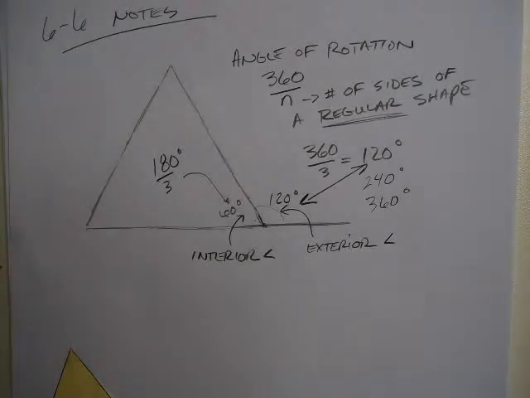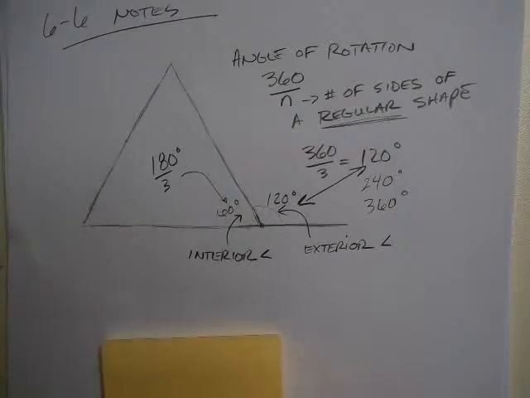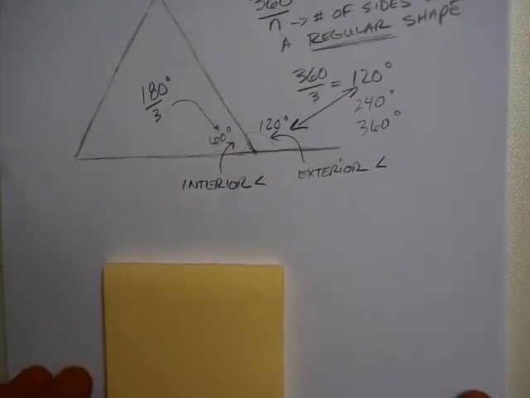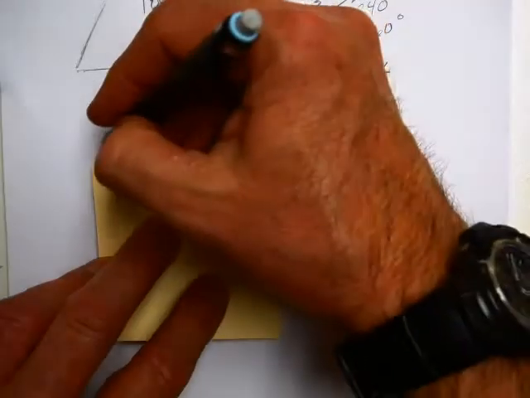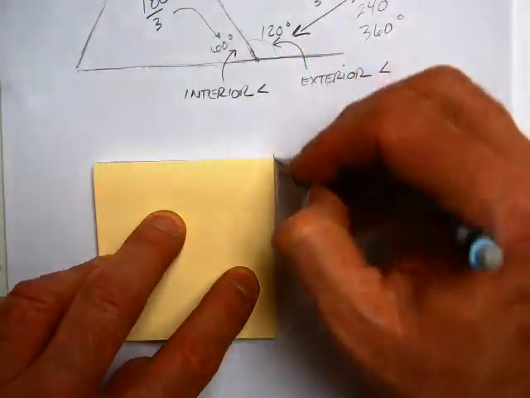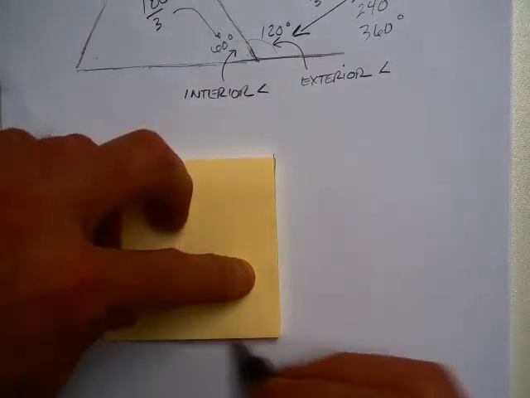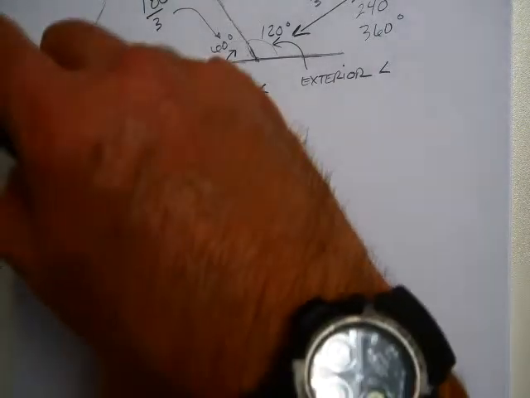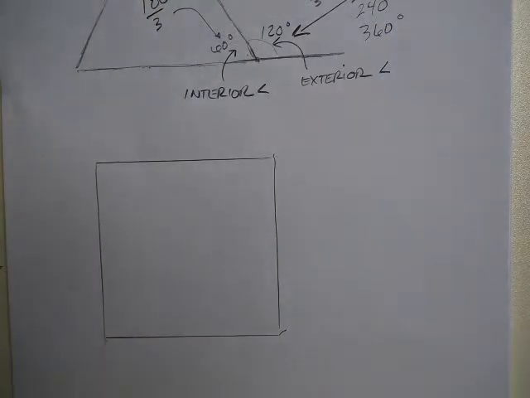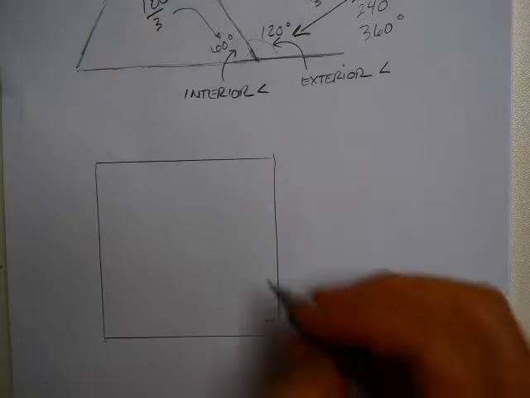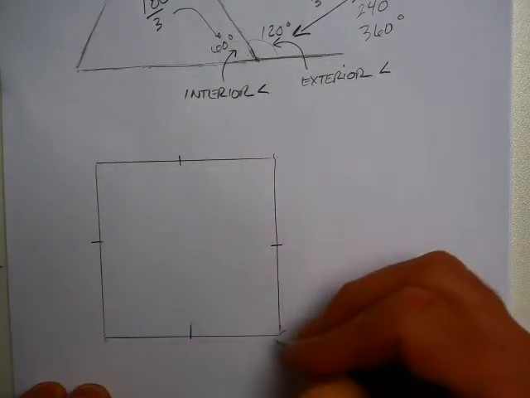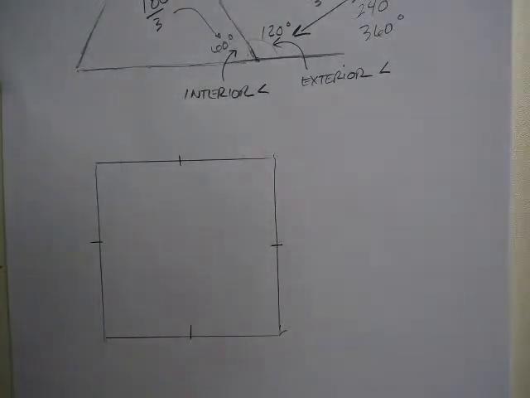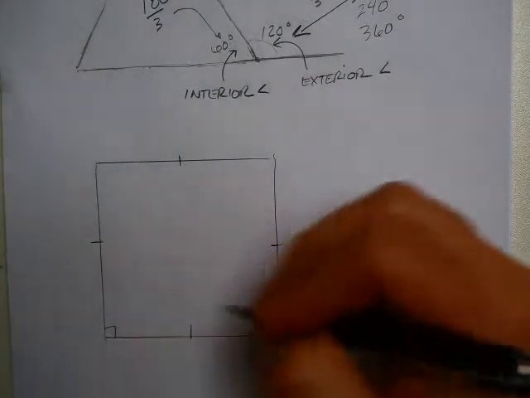Let's look at another shape. I think your next shape is a square, is it not? I'm going to trace my square. Tell me something that we know about squares. What makes a square a square? 4 equal sides, 4 equal angles, and those angles are specifically, they're all 90s, yeah.